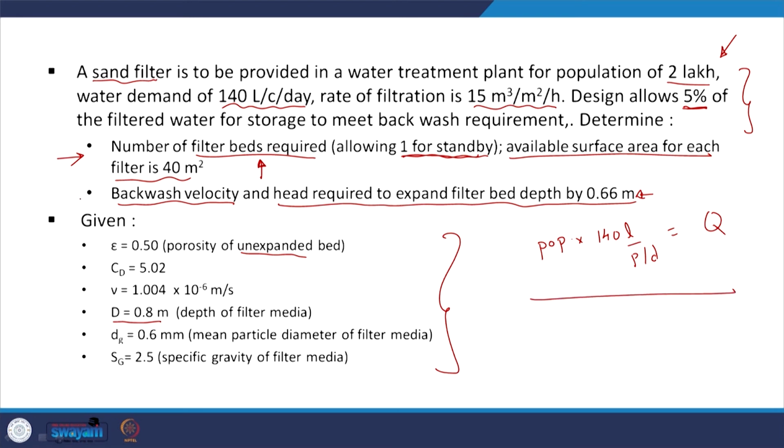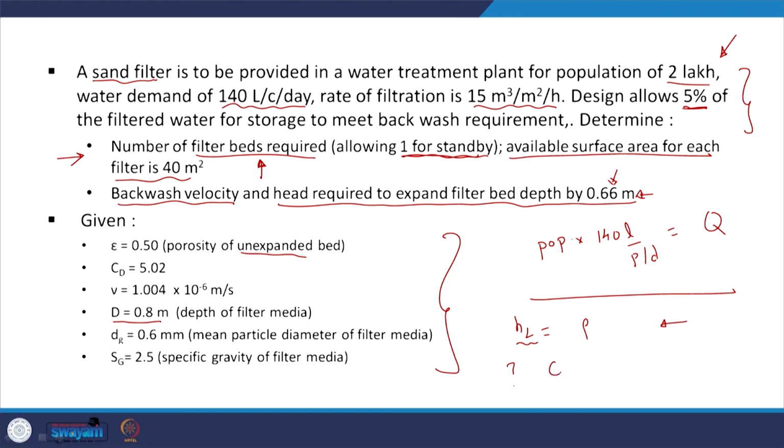Then the backwash velocity and also the head required. The head required for expanding the bed will be nothing but the head loss for that particular expanded filter bed depth. We have an equation which depends upon the relevant densities and such. This is relatively straightforward, but with respect to backwash velocity, how are we going to do that?